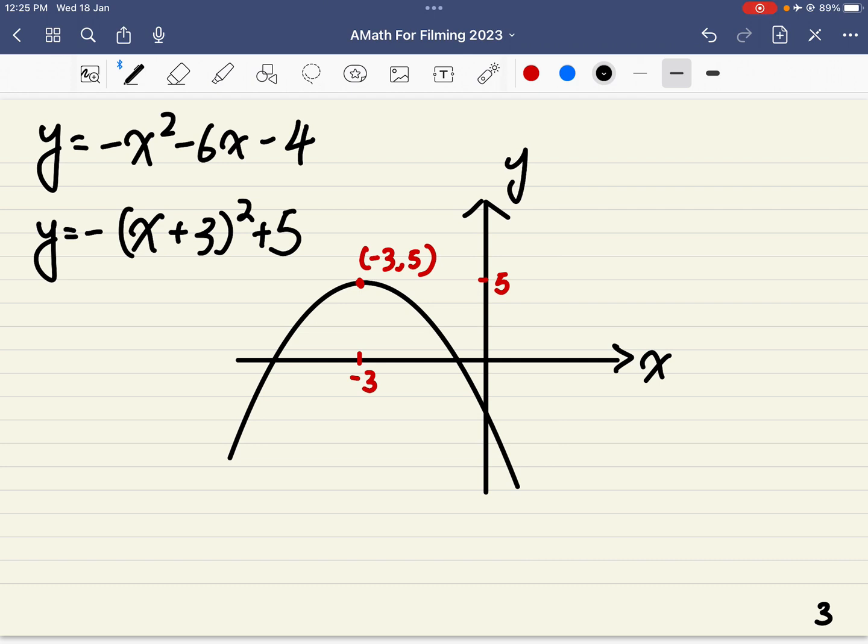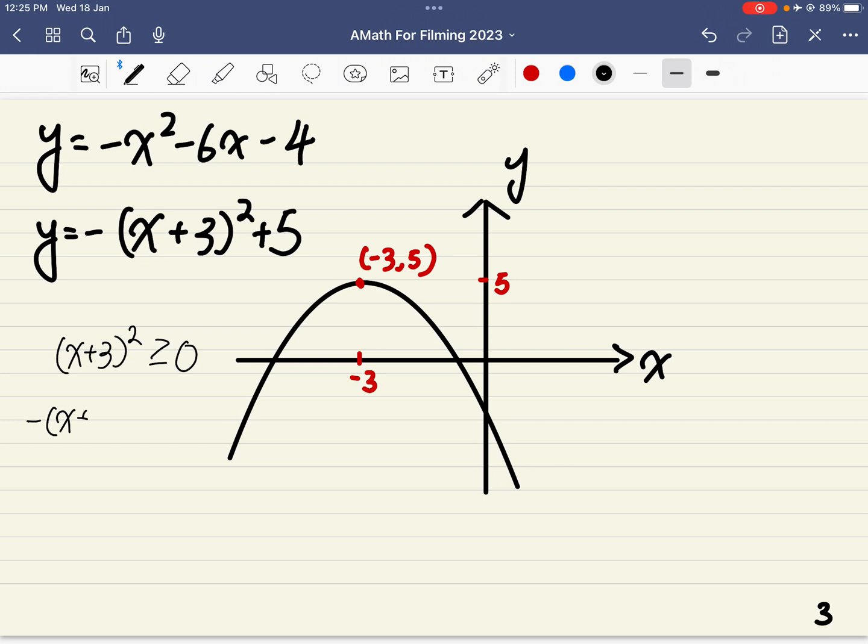So what I can do here is this. I will say that x plus 3 squared is always greater than or equal to 0. However, if I multiply by negative 1 on the left hand side and negative 1 on the right hand side, multiplying or dividing by a negative number will lead to a change in the direction of the inequality sign.